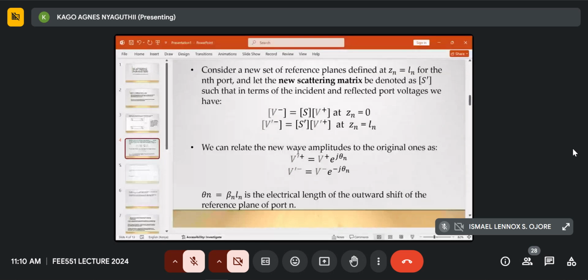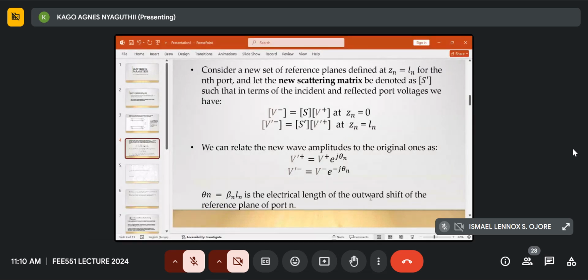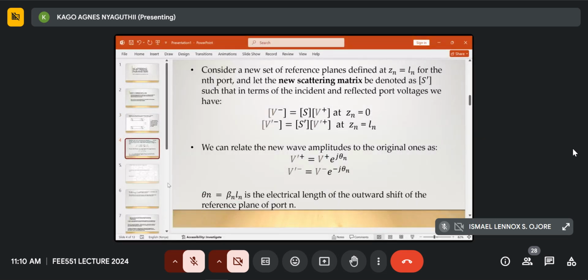The new voltages relate to the original ones by multiplying by a factor of e raised to the power j theta, where theta n equals beta n ln, which is basically just the electrical length as you shift outwards. It refers to this difference between the original and the new reference plane. Yeah, so that's what you get.